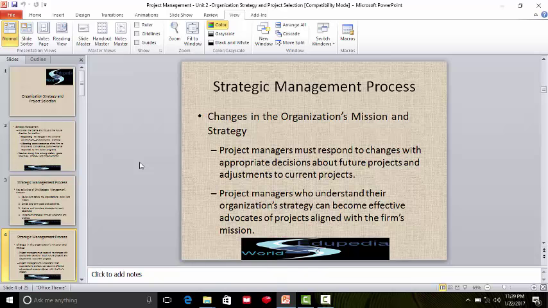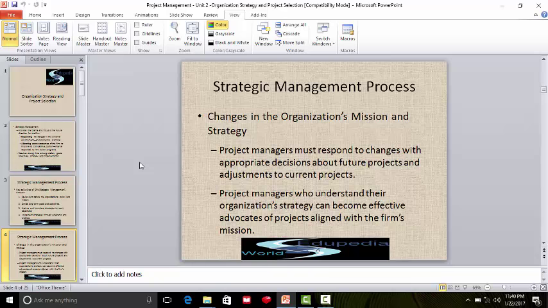Project managers who understand their organization's strategy can become effective advocates of projects aligned with the firm's mission. So here, project managers must respond to changes within the organization with appropriate decisions and directions for future projects and also adjustments to current projects.